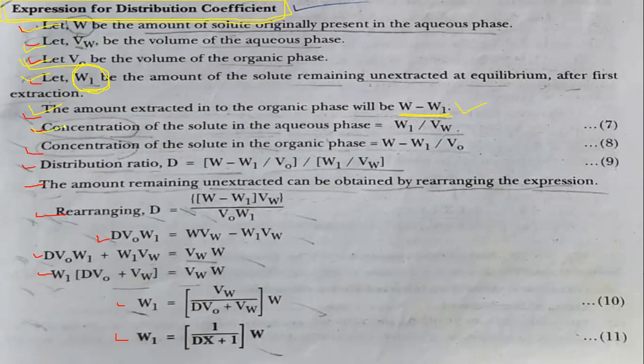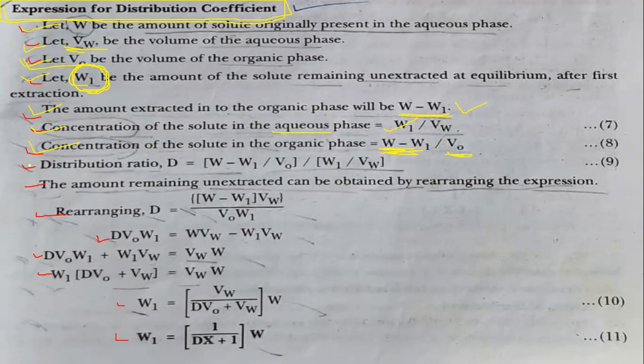Then the concentration of solute in the aqueous phase. What is the concentration in the aqueous phase? How much remains in the aqueous phase at this moment? W1 gram remains, and the total volume of the aqueous phase is VW. So W1 upon VW will be the concentration of solute in the aqueous phase. Similarly, the concentration in the organic phase will be W minus W1, which is extracted after the first extraction, upon the volume of the total organic phase.